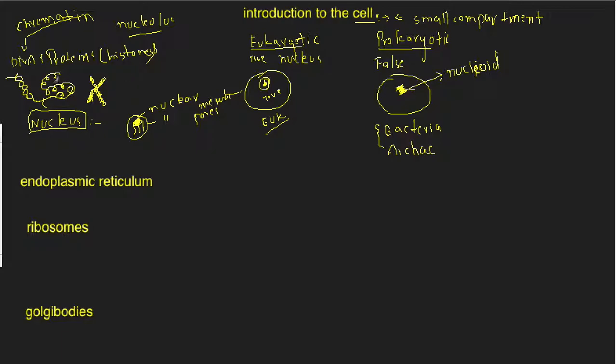So chromatin changes its form into a chromosome, though it doesn't necessarily have to be X-shaped. It condenses first in this form, and then two of them combine together to form this. Both of them are called chromosomes. I don't want to confuse you, but when the chromatin condenses, it is called a chromosome.